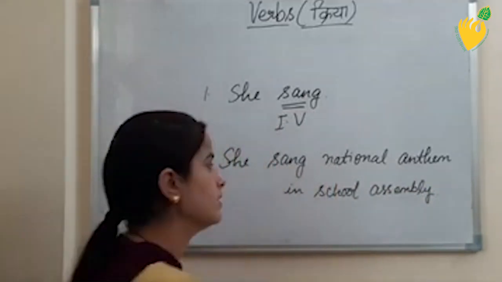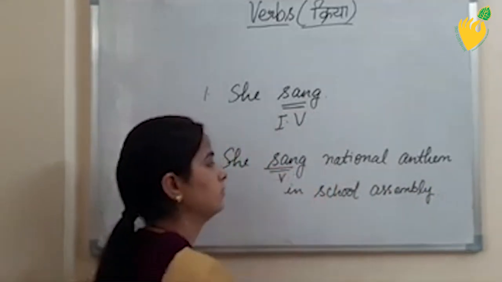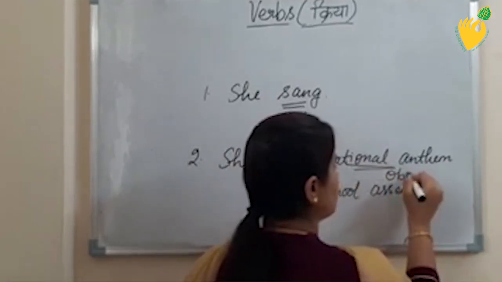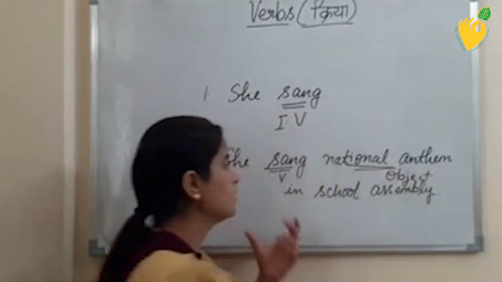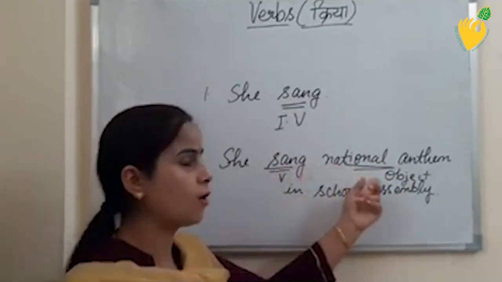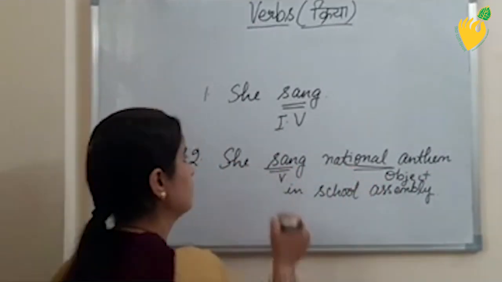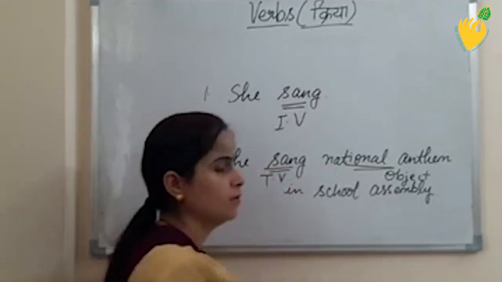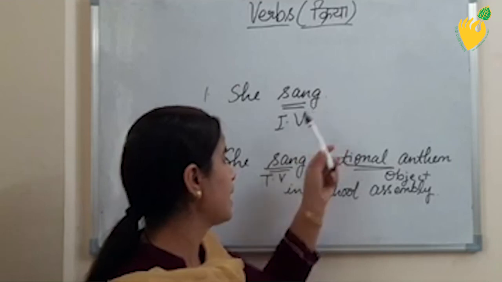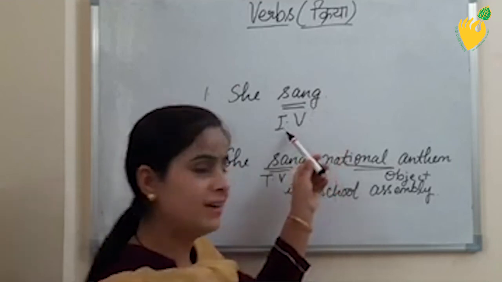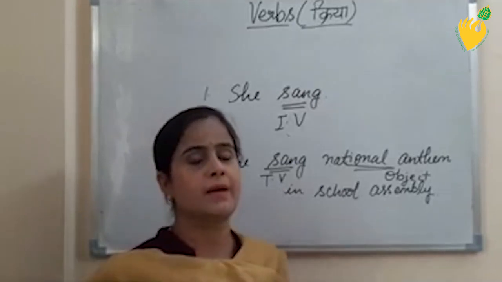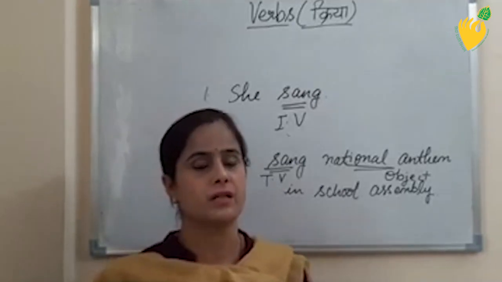In this sentence, sang is the verb and national anthem is the object. So in this sentence, sang is having an object, so it is a transitive verb. So have you observed that a single verb sang is working as an intransitive verb as well as a transitive verb? It depends on how you are using it in a sentence.